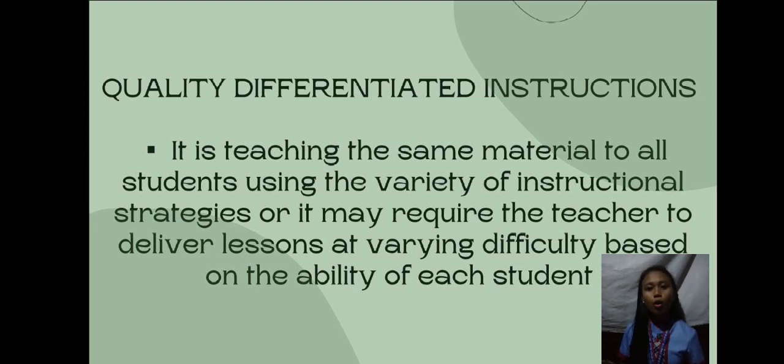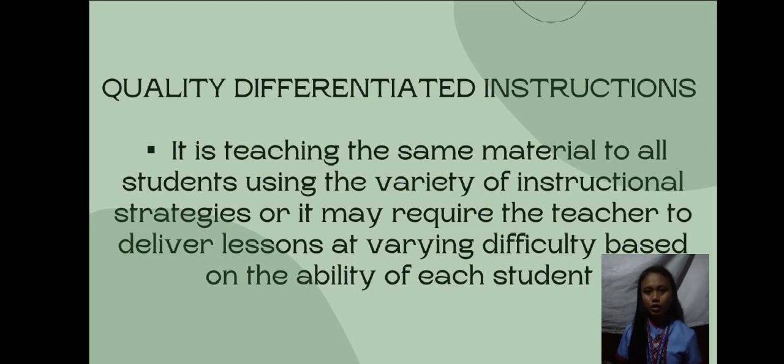In order to cater to all those differences, it is our job to filter all the instructional materials, making sure that we are using the same materials in making our content, but in delivering the lessons, we may be using a variety of instructional materials, because some students are good at visuals, there are also audio learners, and some students are more capable of interactive activities.